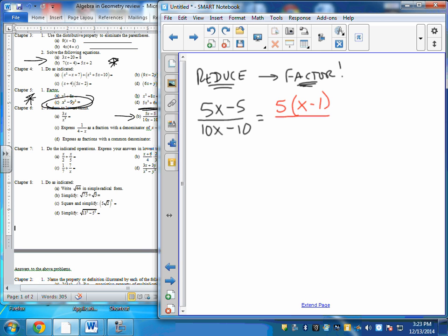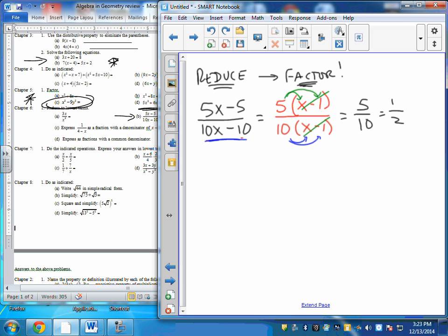And on the bottom, we have a common factor of 10, x minus 1. Again, whenever you factor, you can check to make sure you did it right. There's 5x minus 5 using distributive, and 10x minus 10. Okay, so those are good. But now, once you've factored, cancel the common factors. And on the test, that's what you needed to do. This was 5 over 10 or 1 over 2.